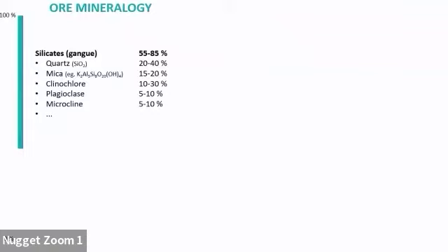Then more detailed for the mineralogy. We have gangue about 50 to 85%, graphite about 10%. Sulfides is where the valuables are, varying from 10 to 25%.